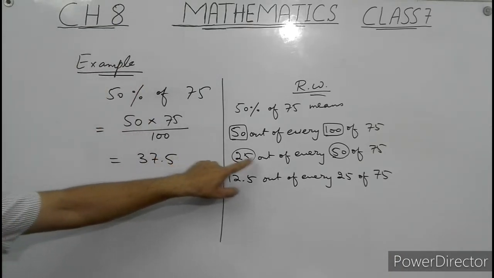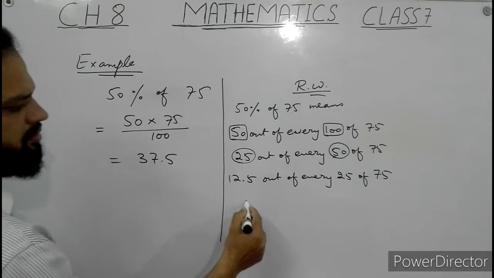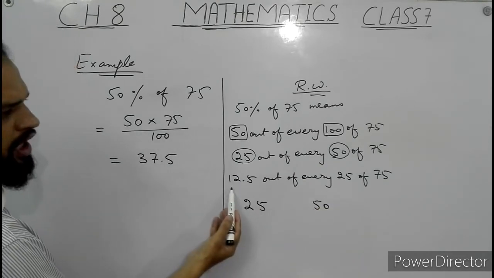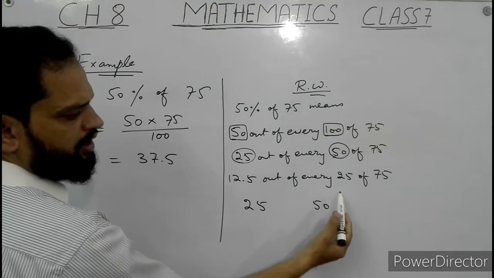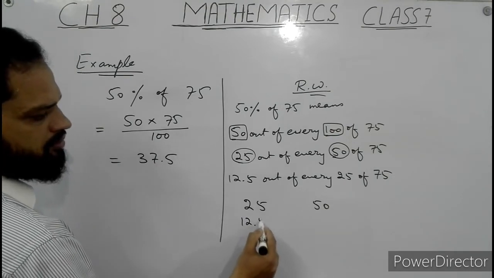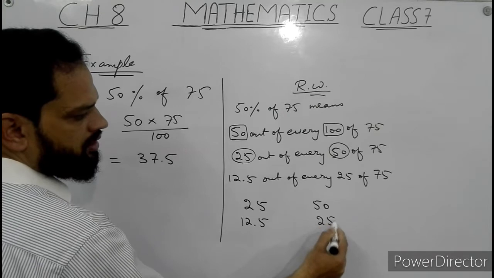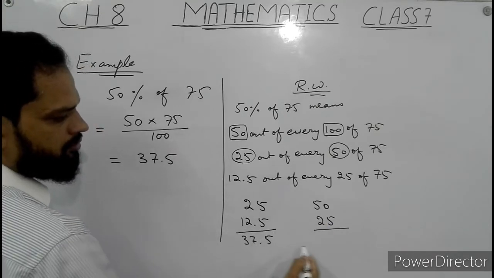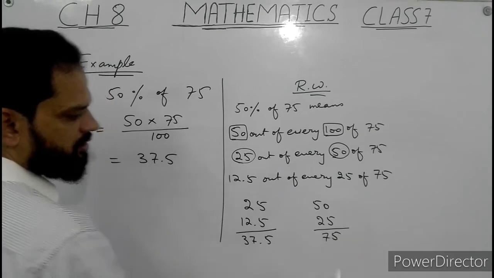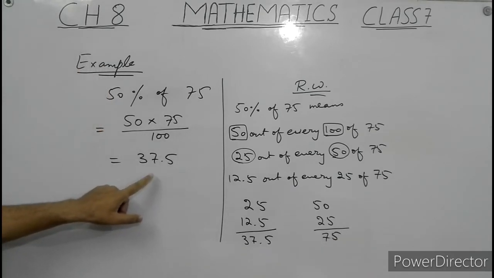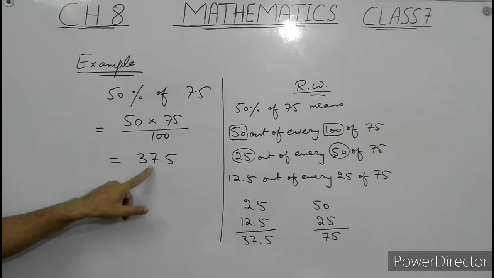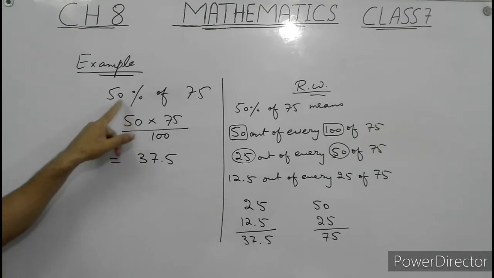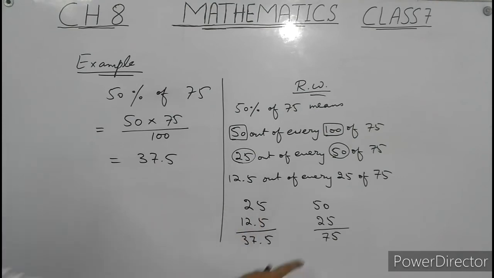So 25 out of 50, 12.5 out of 25, add them, so 37.5 is the 50% of 75.